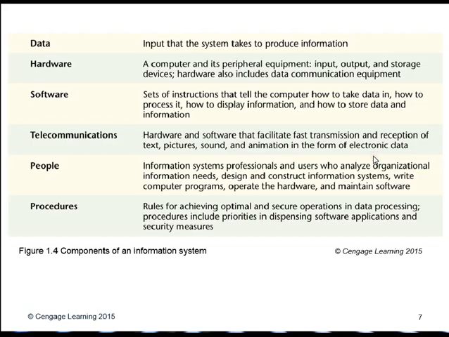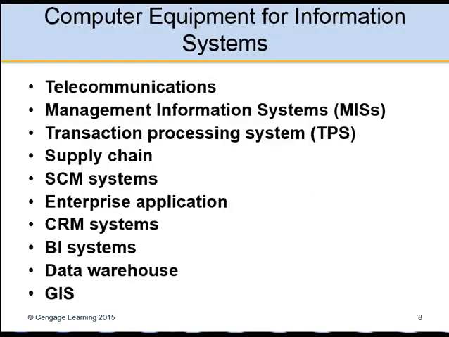And here we see the components of an information system: data, hardware, software, telecommunications, people, and procedures. Different technologies are used to support the 4 data processing functions. Input devices receive input. Computers process the data.